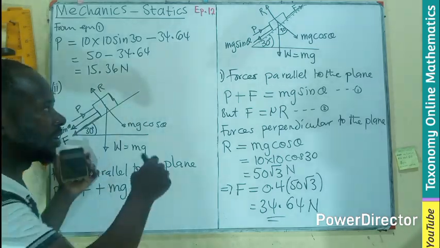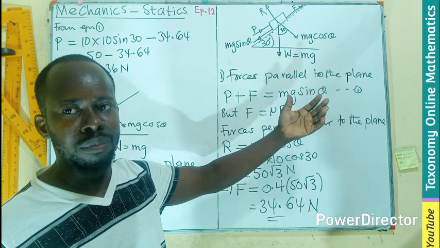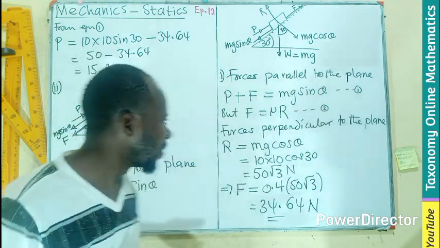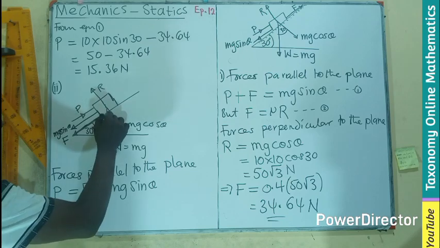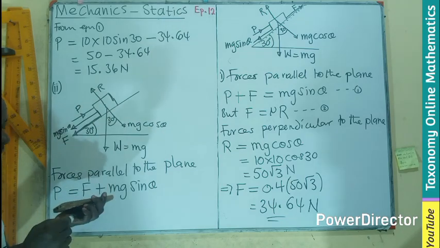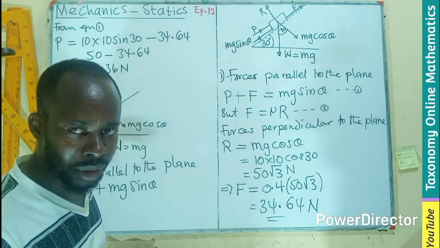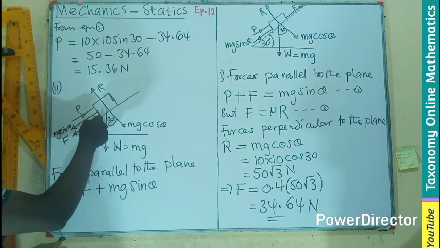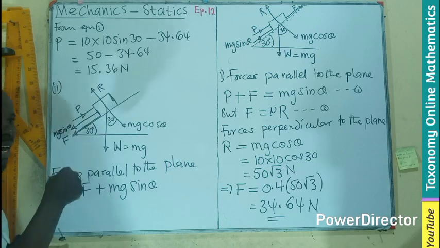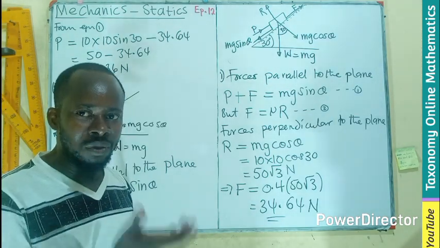Let's look at the two diagrams carefully. This one, the body is at rest, is at equilibrium, no movement. Here we are breaking the equilibrium. So if we are breaking the equilibrium, it means that the force we are applying overcomes any other forces holding the body. So as we are moving up, this force, which is friction, there is also a gravitational pull. You know, when you throw an object in the sky, the object does not stay.